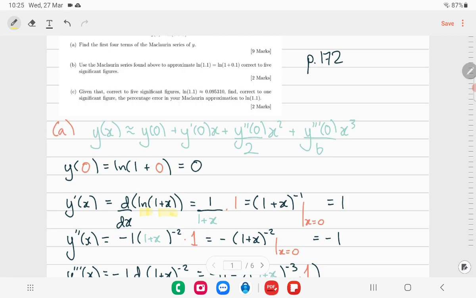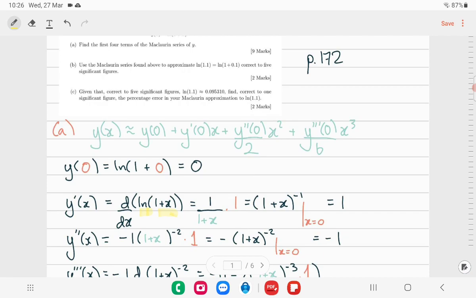The outside function here is log of x, derivative of log of x is 1 over x, and I evaluated that at the inside. Then you multiply by the derivative of what's inside, and the derivative of 1 plus x is just 1. So you multiply by 1. If you forgot that, it wouldn't have made any difference.